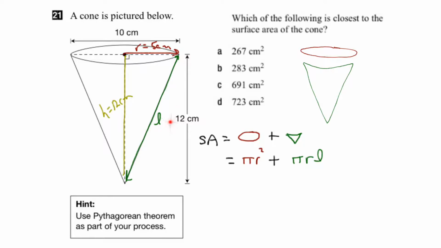So how do we find L? Well, we can use the Pythagorean theorem because this shape here is a right angle triangle. So the Pythagorean theorem states that L squared is equal to h squared plus r squared.